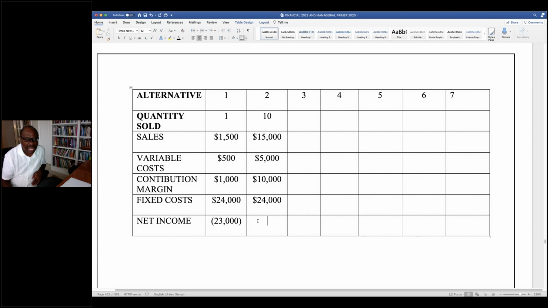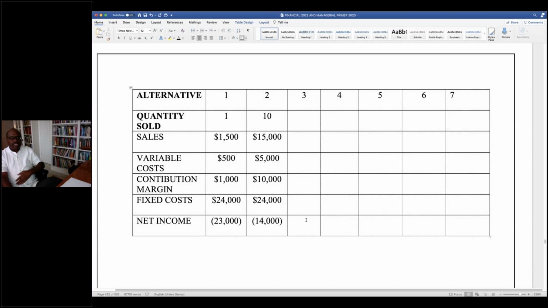And now our net loss is $14,000. So with 10 items, we did better, but we still are at a loss.